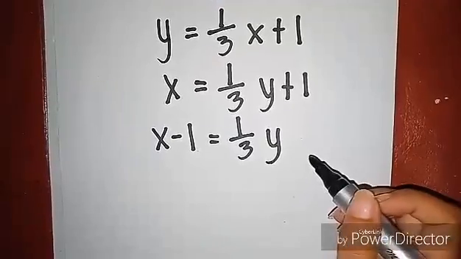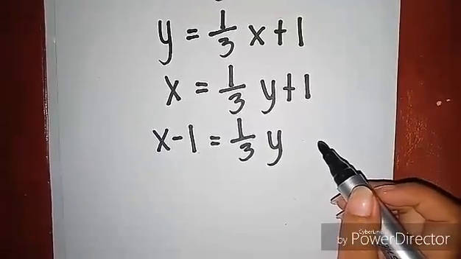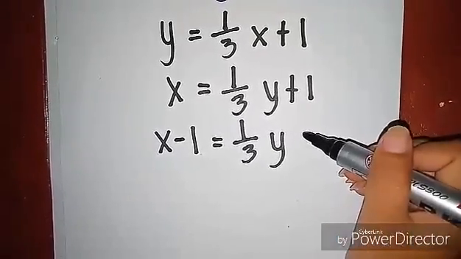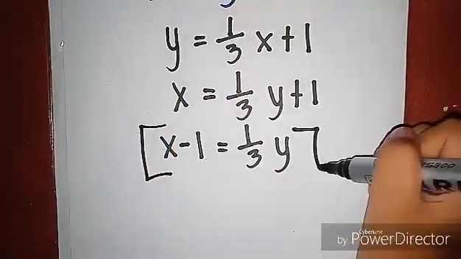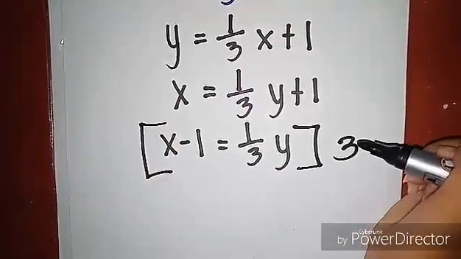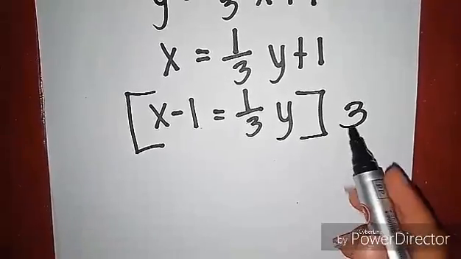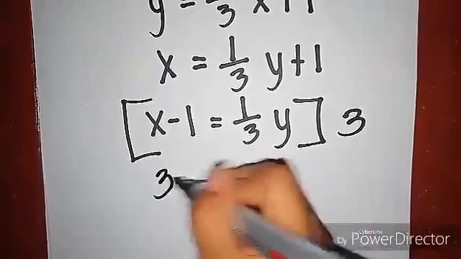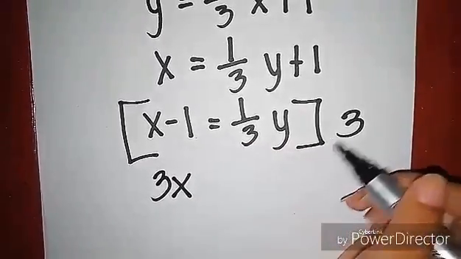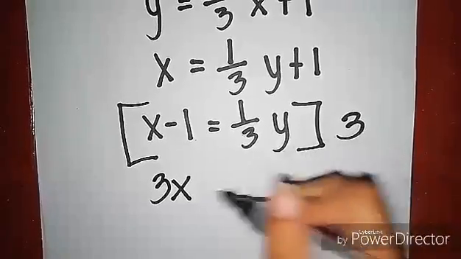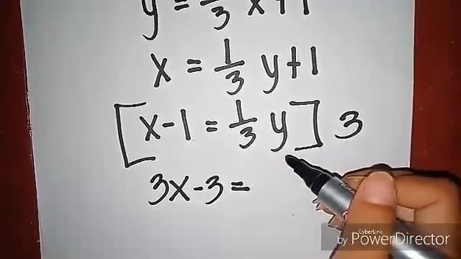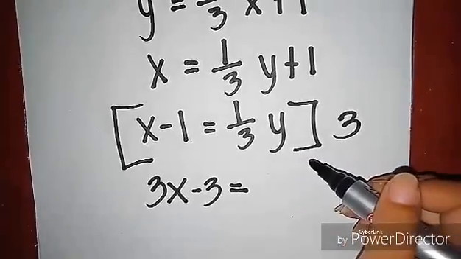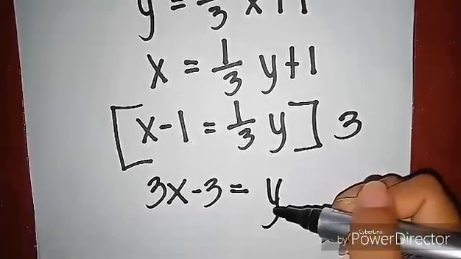To cancel out 1/3, multiply both sides by 3. 3 times x equals 3x. 3 times negative 1 equals negative 3. 1/3 y times 3 equals y.